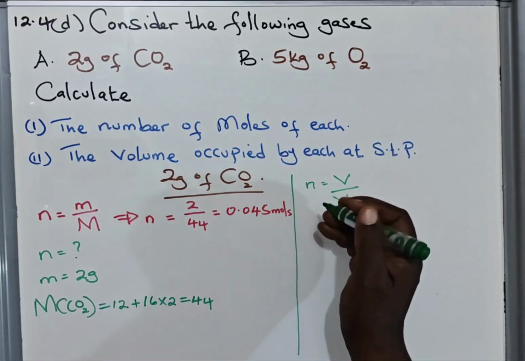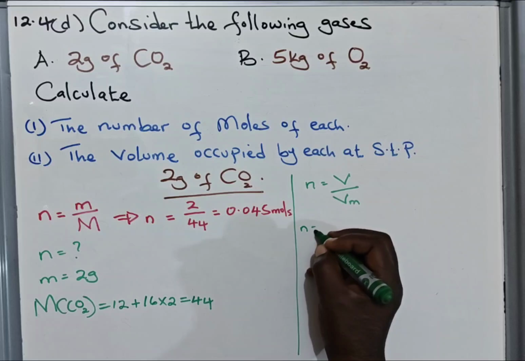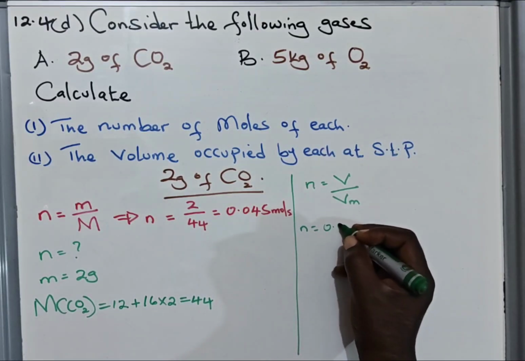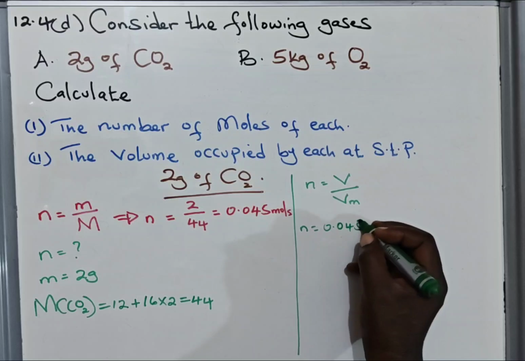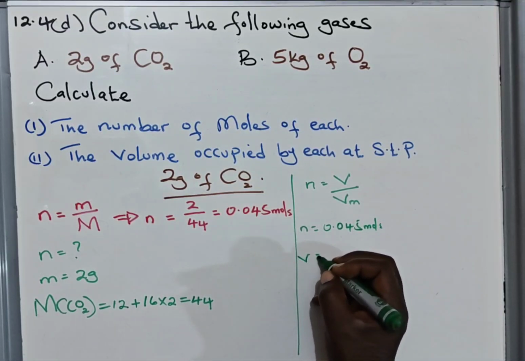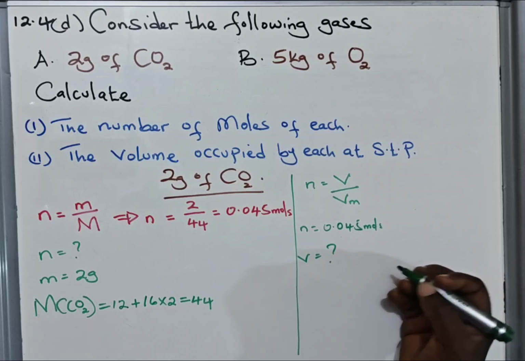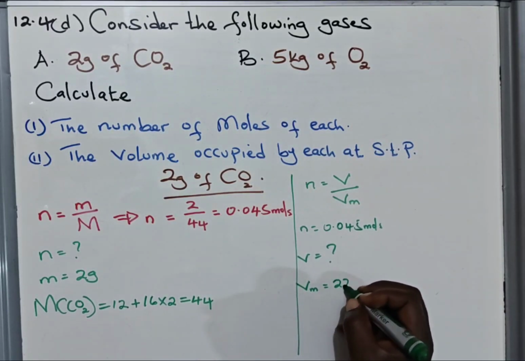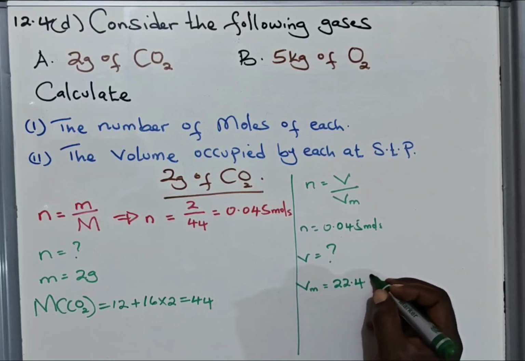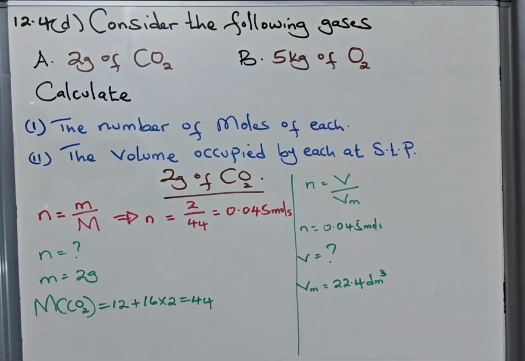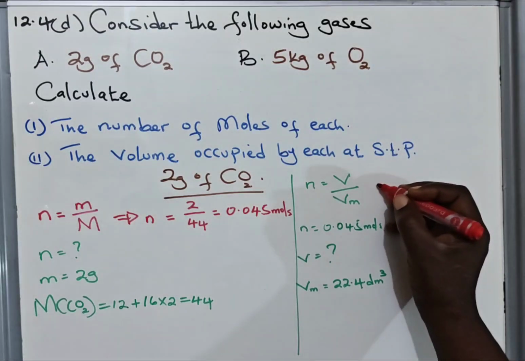The number of moles is known. We calculated it already: 0.045 moles. And this is the volume we are calculating. We don't know it, but we know the molar volume at STP, which is 22.4 cubic decimeters. It's a constant. So we substitute.